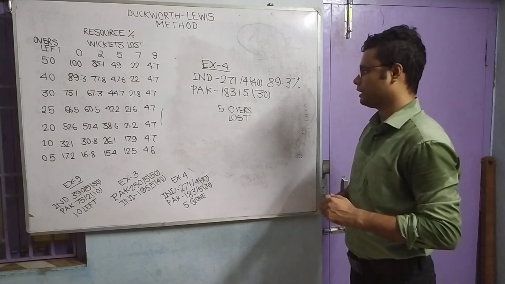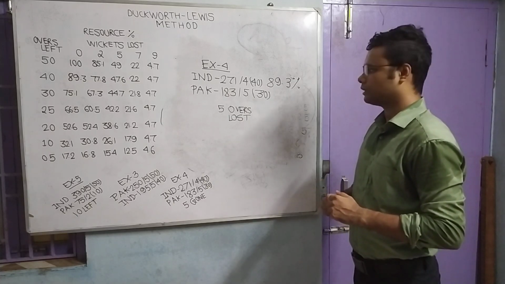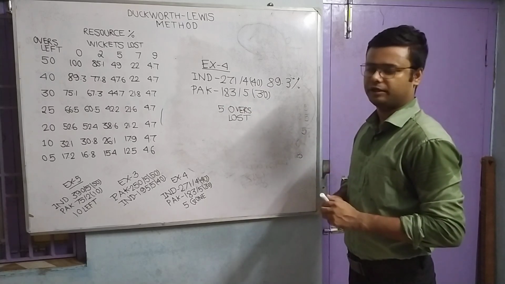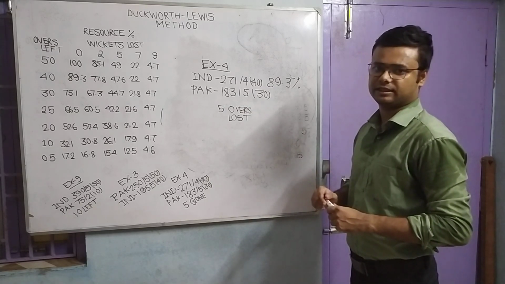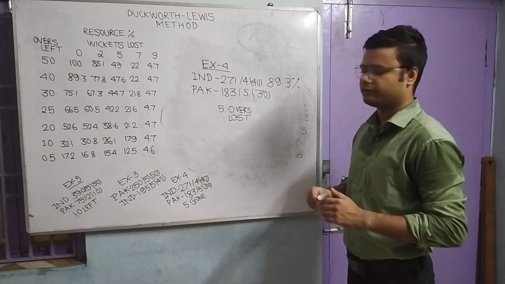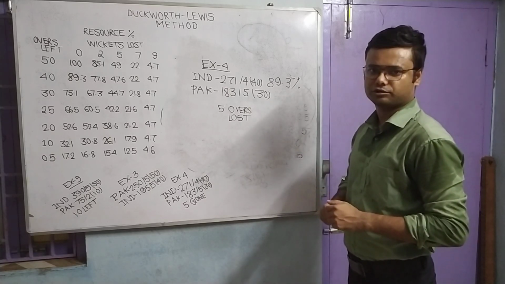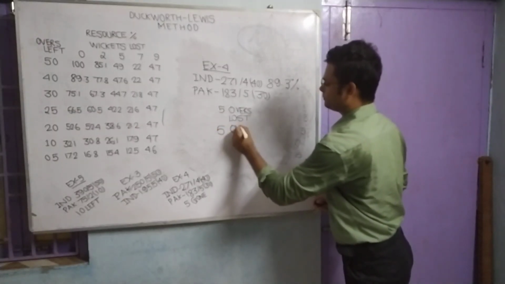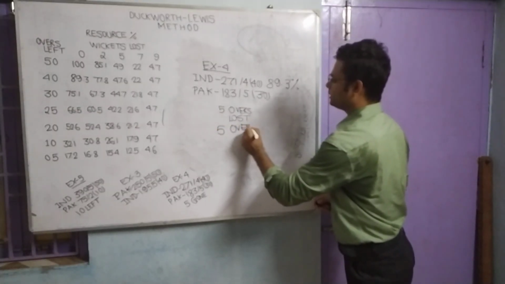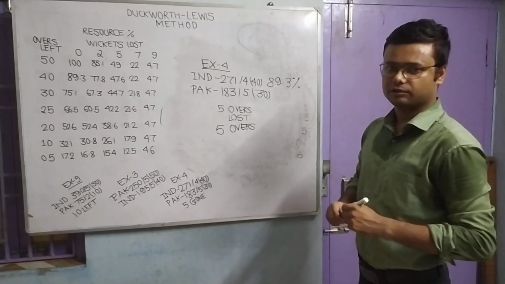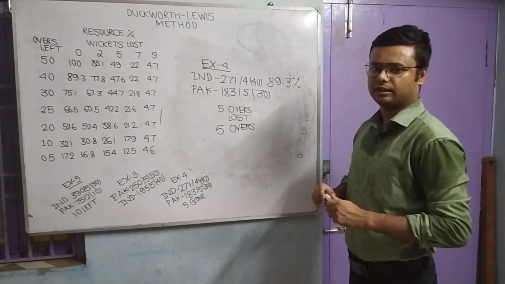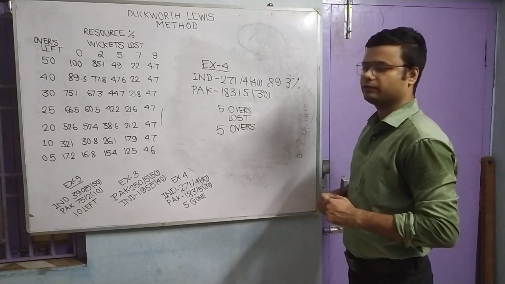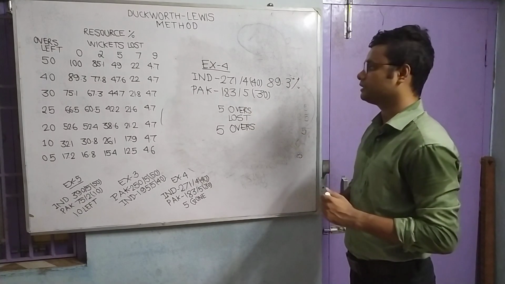When Pakistan, after the completion of 30 overs, were at 183 for 5, rain came, and as a result of rainfall their 5 overs were lost, and now they have 5 overs left. So what will be their revised target? When they were at 183 for 5, let's see their resource percentage left.